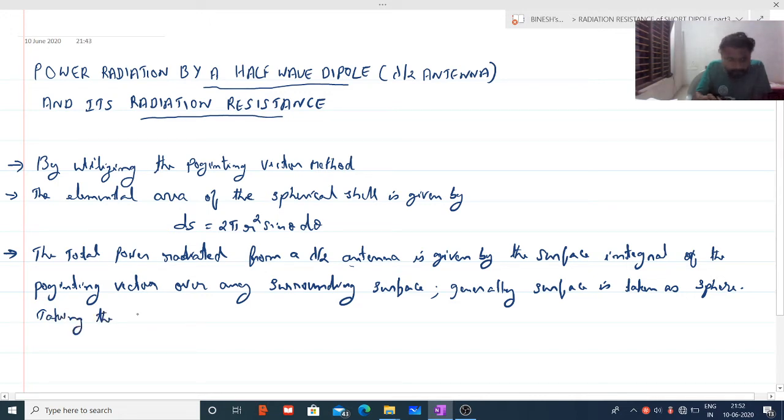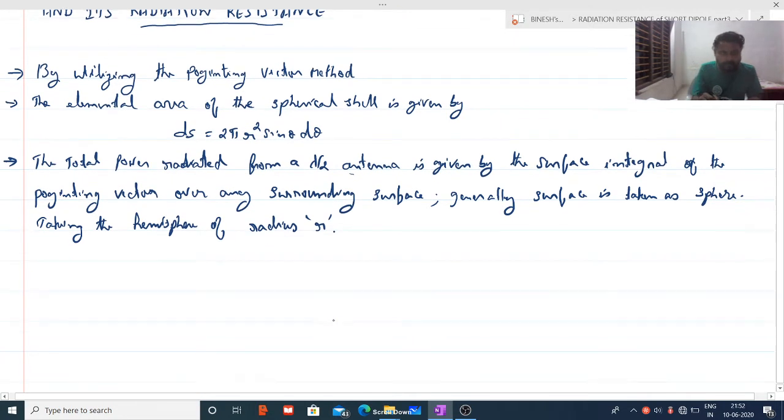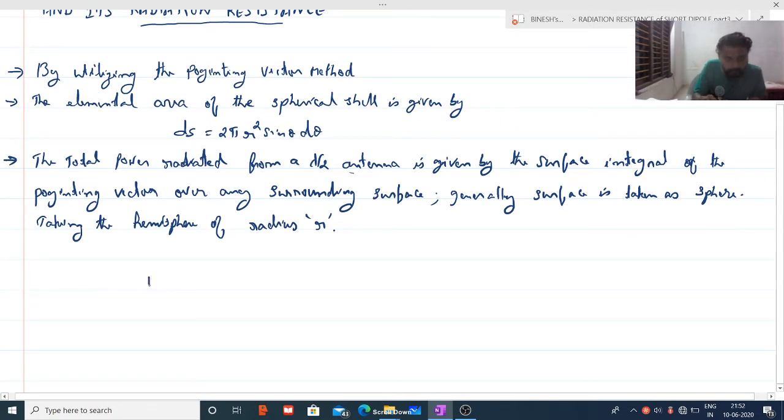So I have given the equation for W, which is nothing but the closed integral of P average into ds, which is the integral from 0 to pi.